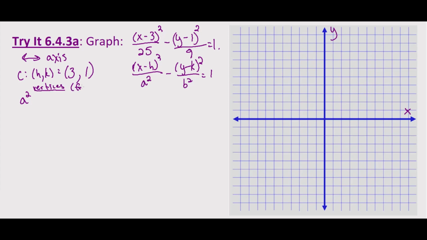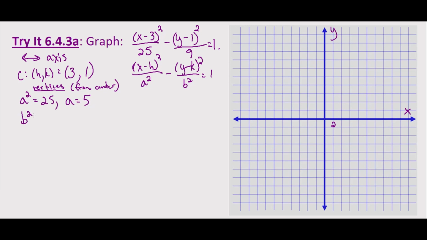And this is from the center. We know that a squared equals 25. So a equals 5. So we're going to be going plus or minus 5 from the center. So we're probably going to want to go ahead and change our scale to 2 instead of 1 in the x direction.